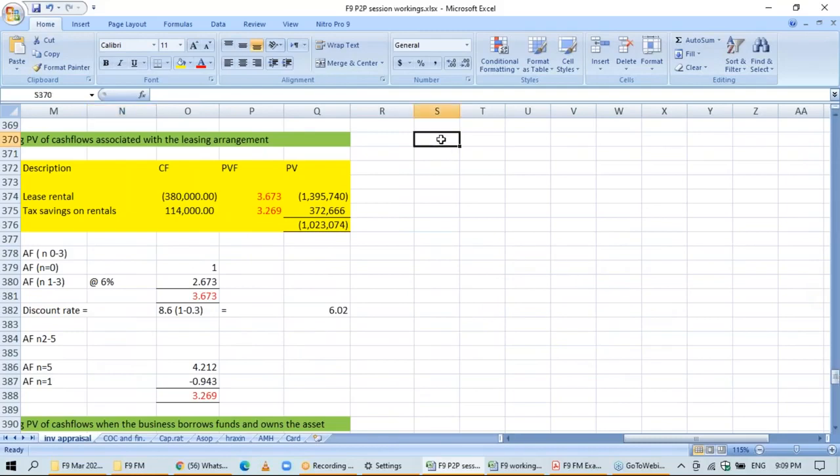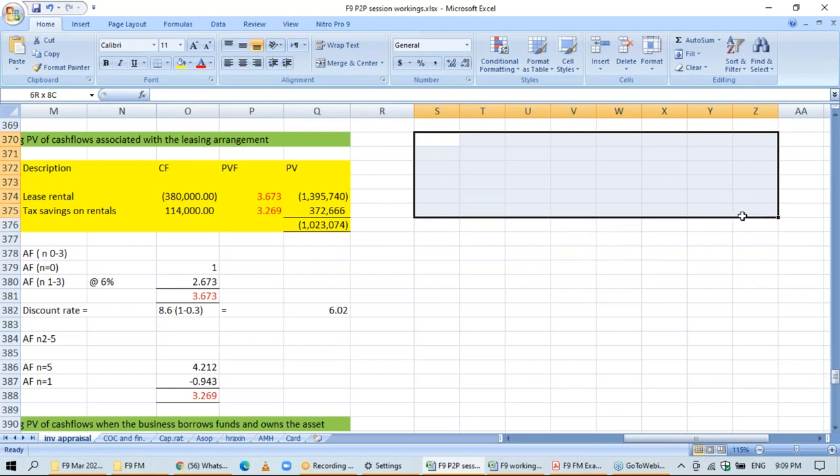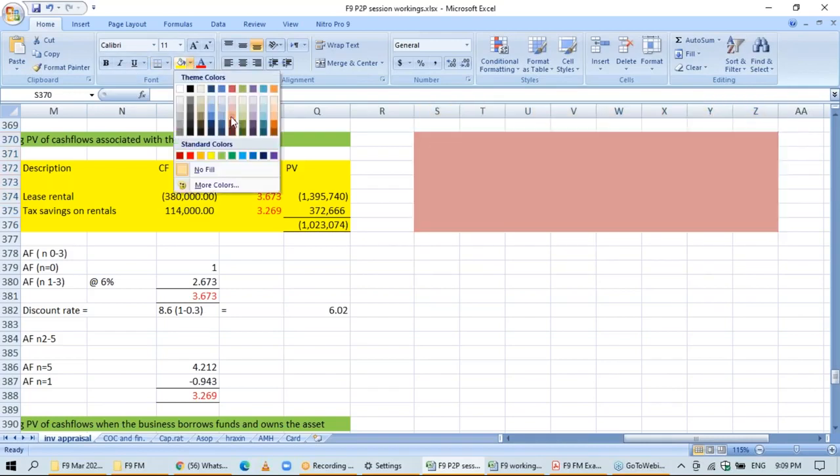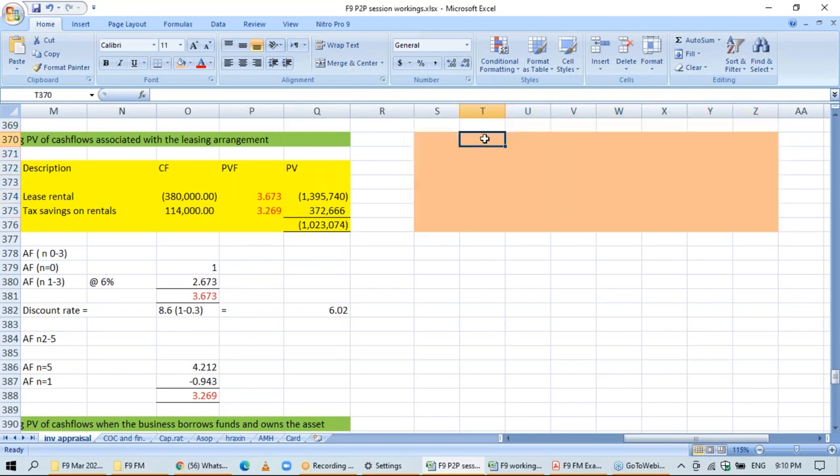Okay, so I'll be making a working over here, which you'll be able to see in an orange patch. So it's a 4-year project.